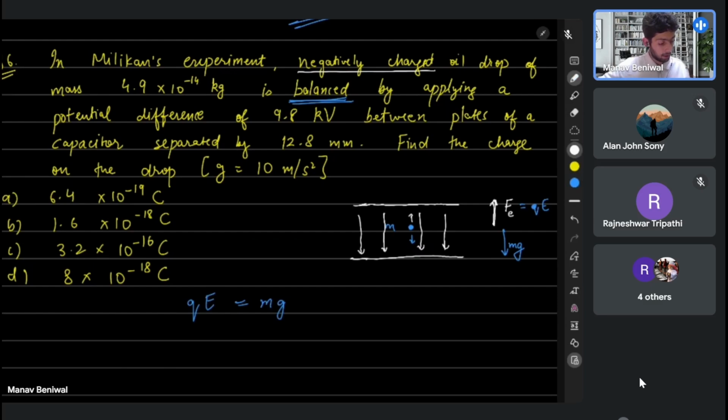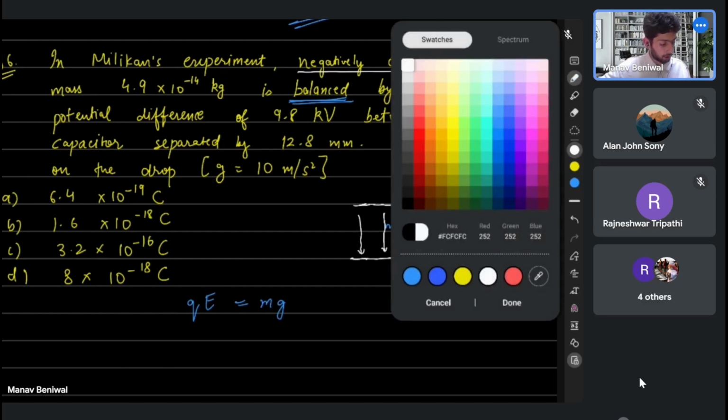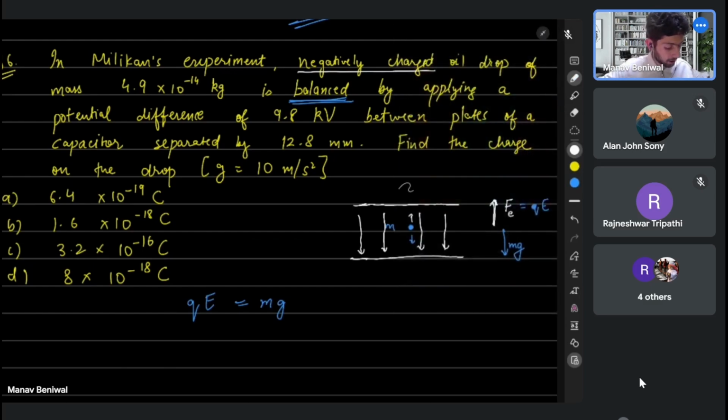Now the potential is given to be 9.8 kV, and this distance d is given to be 12.8 mm.